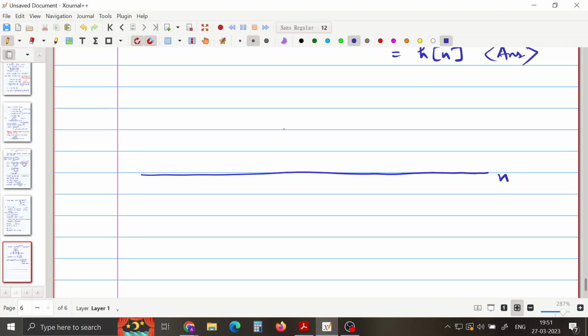This is at 0, to 1, let's say here. So our response will be symmetric about 0.